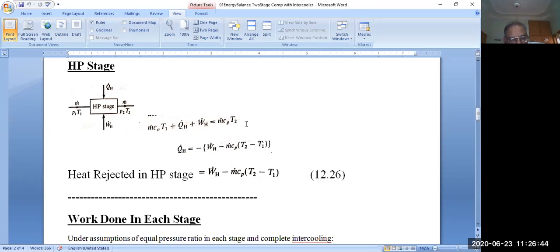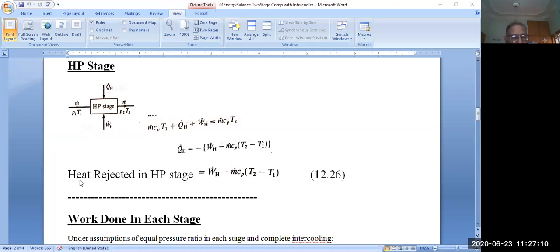We need to calculate QH. It is the heat rejected in the high pressure cylinder. We keep it on the left side and bring the other terms to the right side. So we get W dot H minus m dot Cp multiplied by (T2 minus T1), and the minus sign shows that heat is rejected.